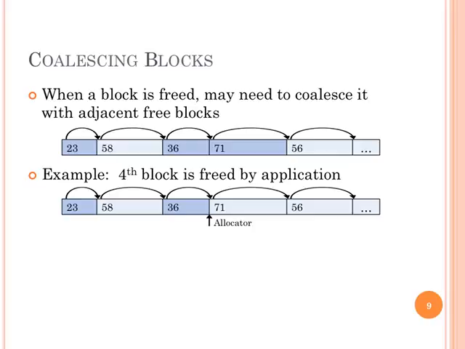So that it can go ahead and coalesce. And the nice thing is, if your allocator is always doing this, you only have to check the next block and the previous block. Those are the easy ones. If you don't always coalesce, then you might have to look for a sequence of free blocks. But if you're always coalescing, then you just need to check the adjacent ones, and then you'll be done.